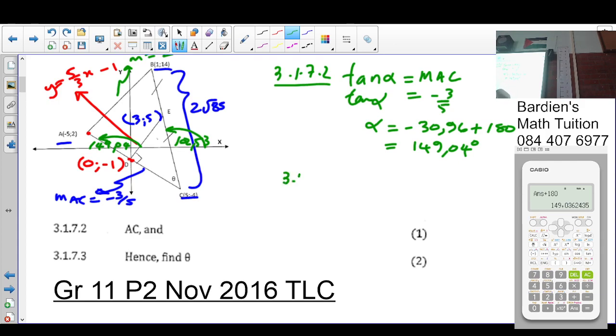And then in 3.1.7.3, they ask you to work out theta.